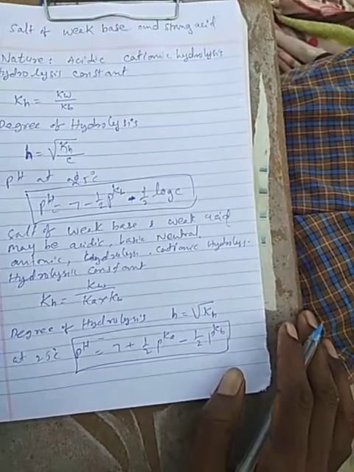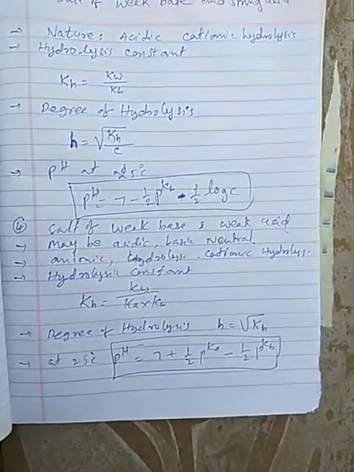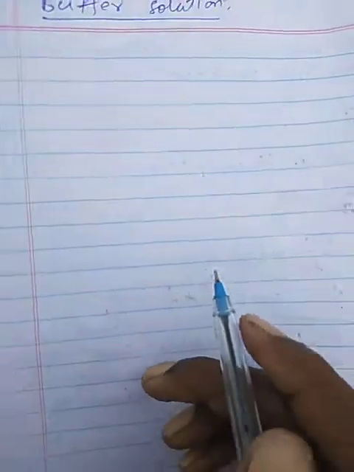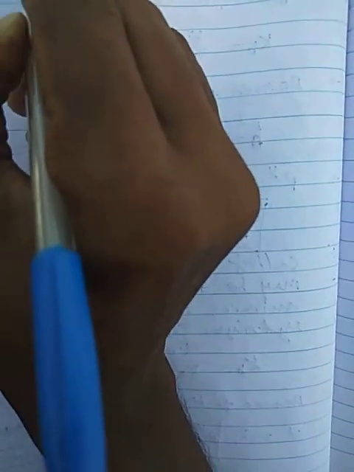In this pH formula, concentrations are not noted. Okay, next concept, buffer solutions. There are two types of buffer solutions, acidic buffer solution and basic buffer solution. The first one is acidic buffer solution. The mixture of weak acid and its salt of strong base is known as acidic buffer solution.